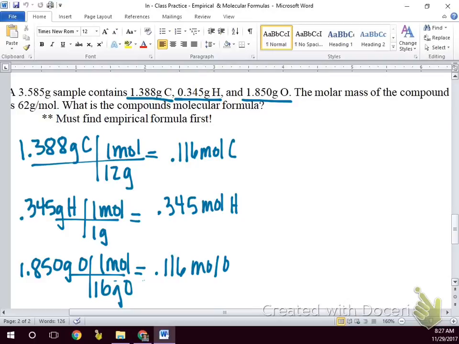Which of these is our smallest number of moles? It doesn't matter, 0.116, so both of these are going to divide by themselves.